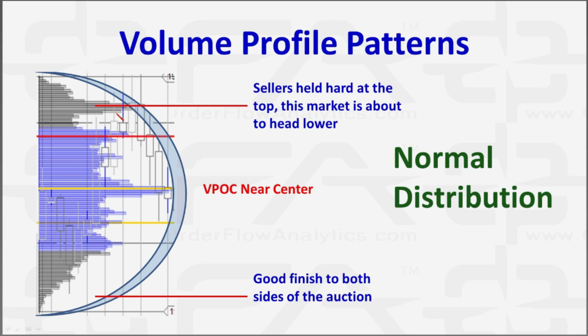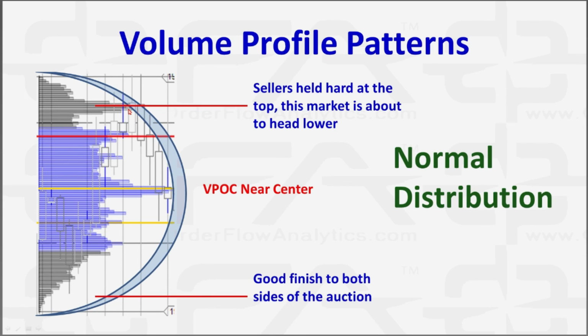This volume right here is a strong signal that sellers are holding. And if volume is acceptance, this one at the top of this range is telling you that the risk is to the upside.